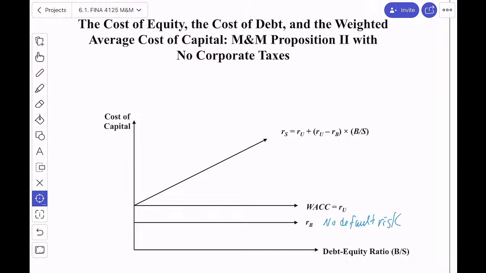The return to investors in the levered firm is going to be the same as the return to investors in the unlevered firm, where we call the return to investors in the levered firm the WACC. Okay, so this is WACC. And those will be no different. Right? The return per dollar invested shouldn't be different for investors in either of the firms because the values of the firms are the same.